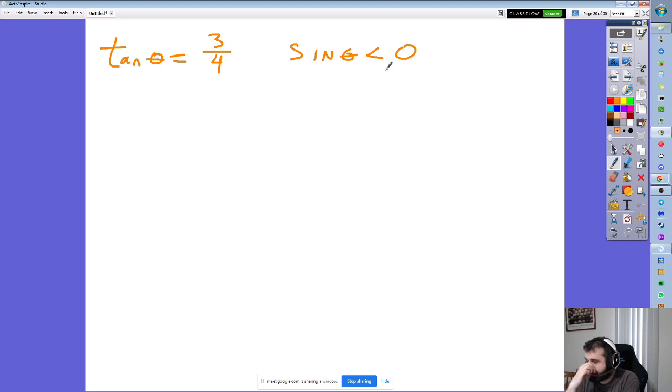Okay. So the thing of it is, if we're to hold both of these factoids together in our brain, there must be something missing, right? Because you would expect sine and tangent to be the same side, because if sine is negative, then the opposite side better be negative, right?